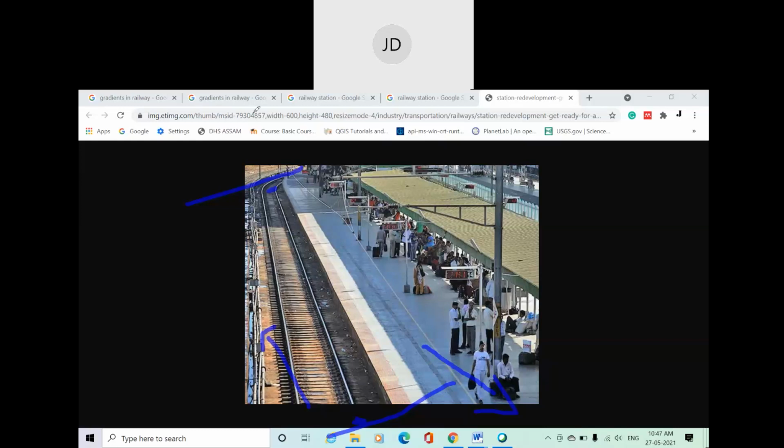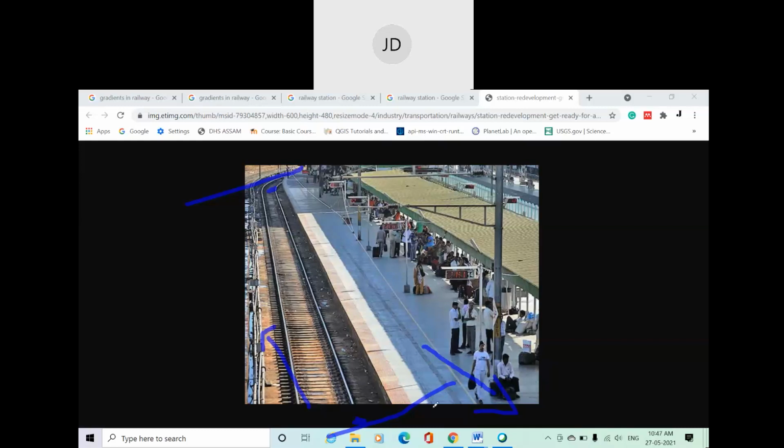So what is the definition of minimum gradient? Minimum gradient is the gradient which is provided in the station yard. It is the minimum value of gradient provided at the station yard in order to maintain effective drainage.